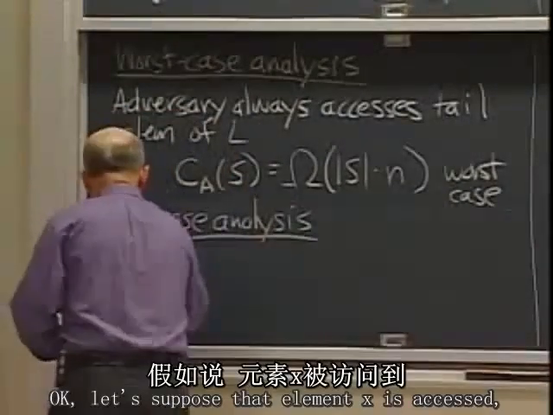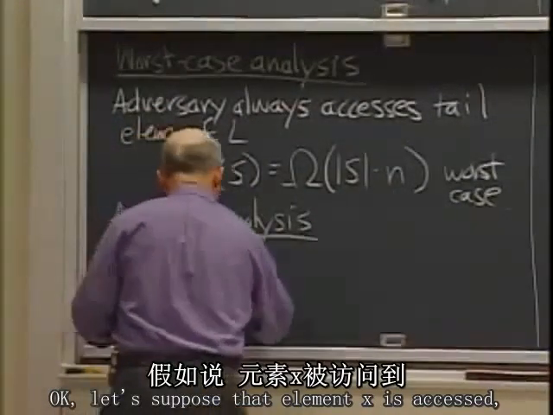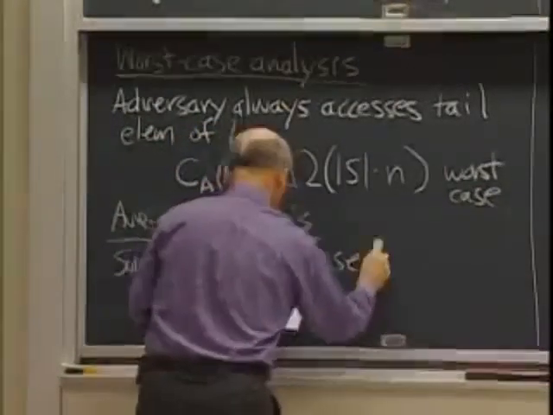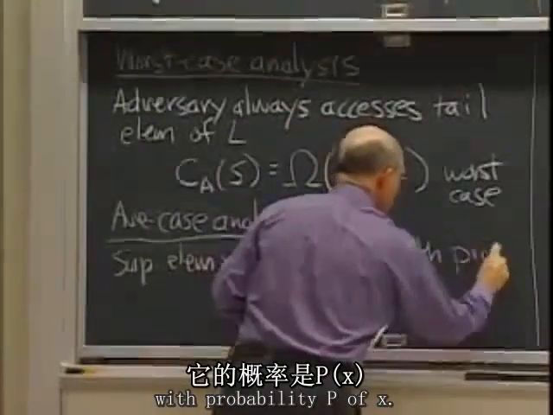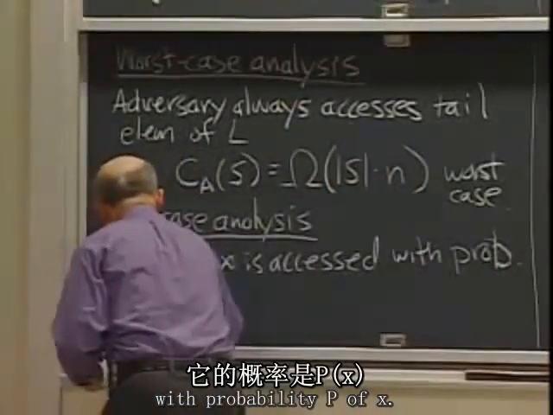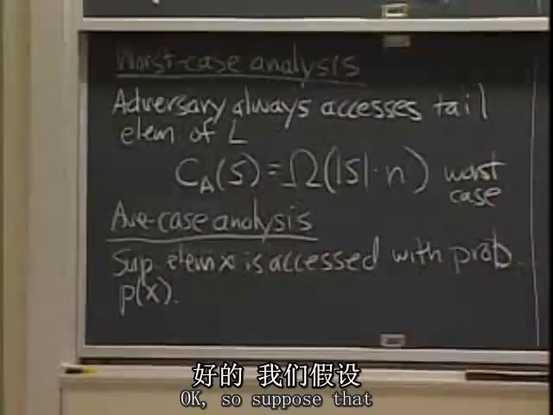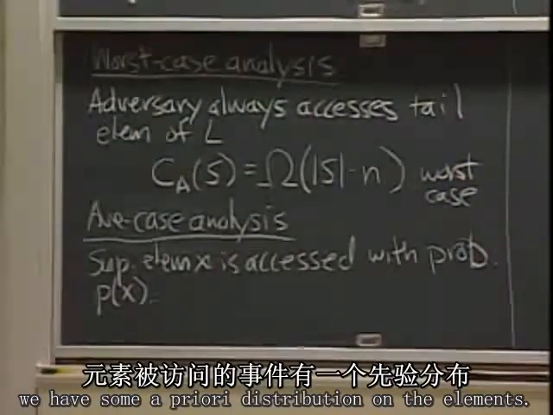Let's suppose that element x is accessed with probability p of x. So suppose that we have some a priori distribution on the elements.